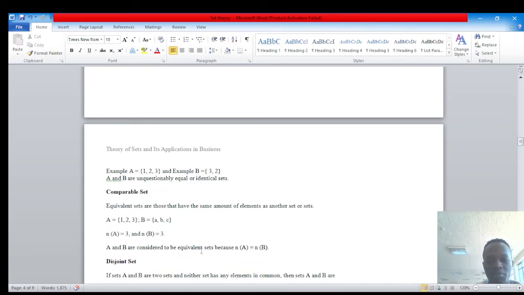A and B are considered to be equivalent sets because the number of elements in set A equals the number in set B. They are comparable because element 1 goes with element A, element 2 goes with element B, and element 3 goes with element C.